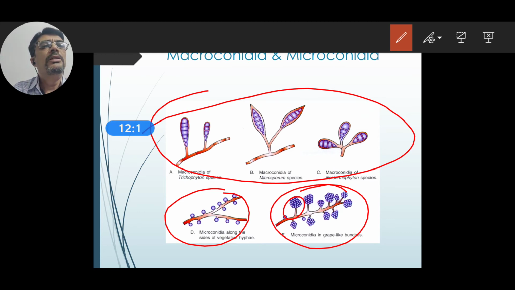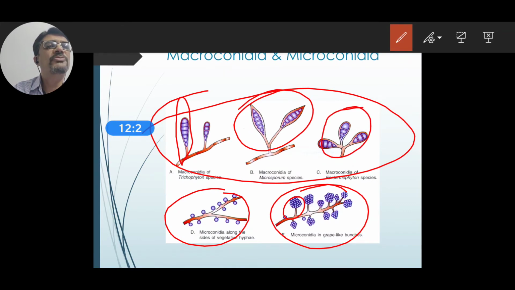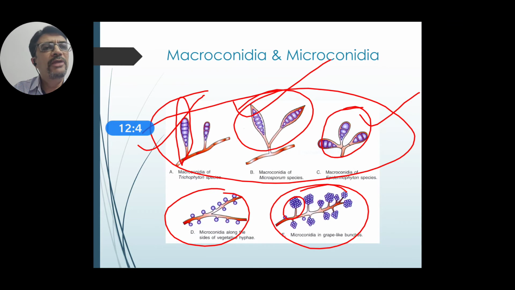The macroconidia of Trichophyton are long, like pencil shaped. Here it is spindle shaped, and here in Epidermophyton it is club shaped. So by that you can differentiate Trichophyton, that is pencil shaped, Microsporum, spindle shaped, and Epidermophyton, which is club shaped. This would help you to differentiate between various species and genera of fungus.